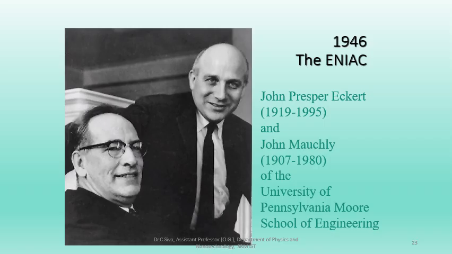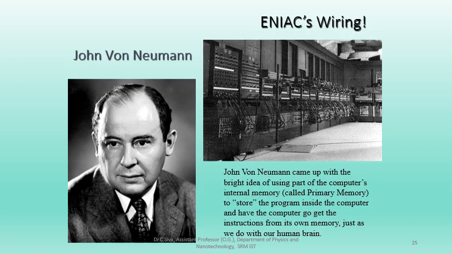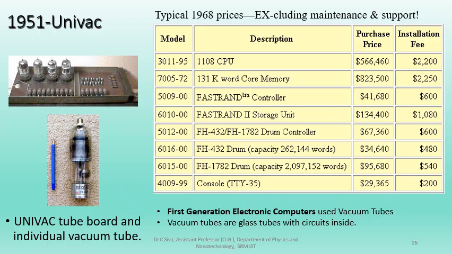These slides explain ENIAC's architecture and the programming complexity. They follow Von Neumann's idea of stored program architecture. So this is ENIAC's wiring. You can see how the wiring used to be.